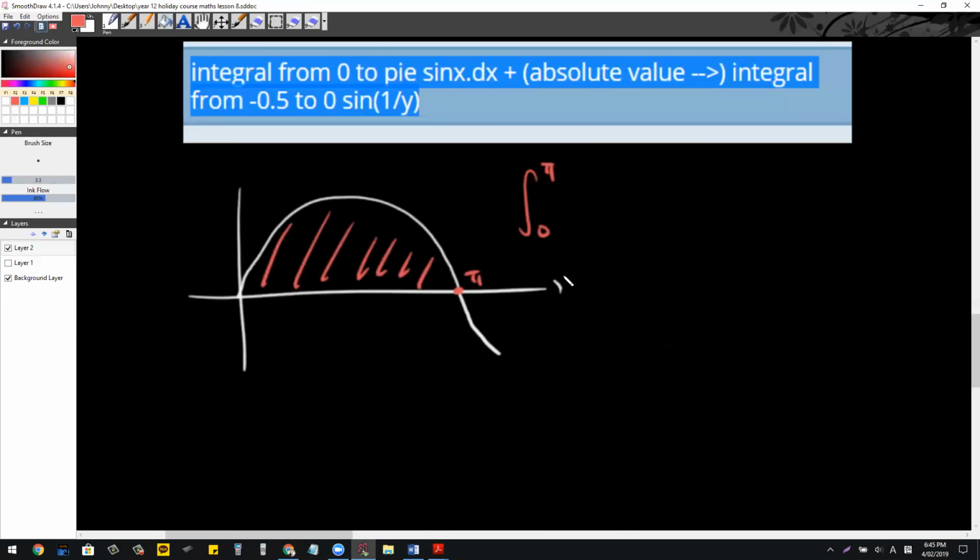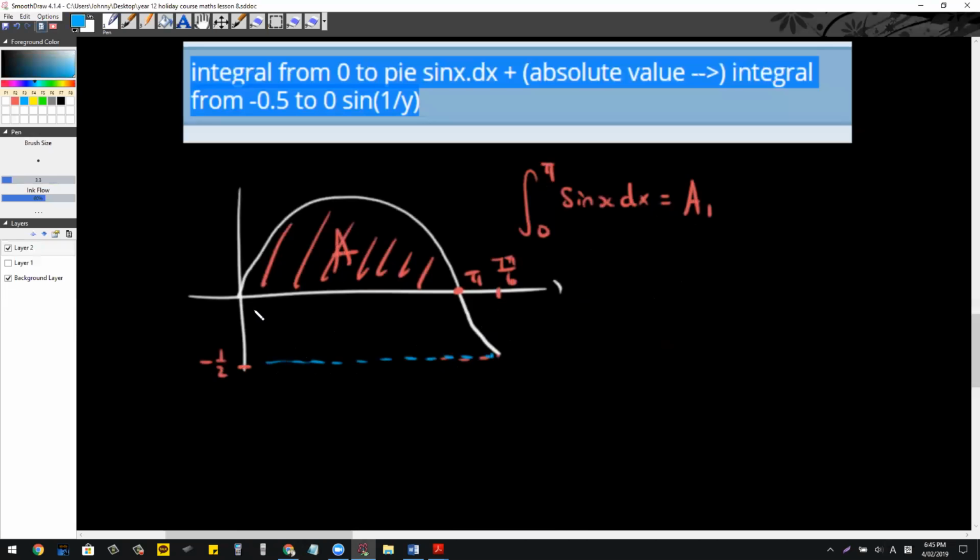And if we look at this value, this is -1/2, right? And this one is 7 pi over 6. So integration of sine of x dx is definitely going to give you this area here. So that's area 1.